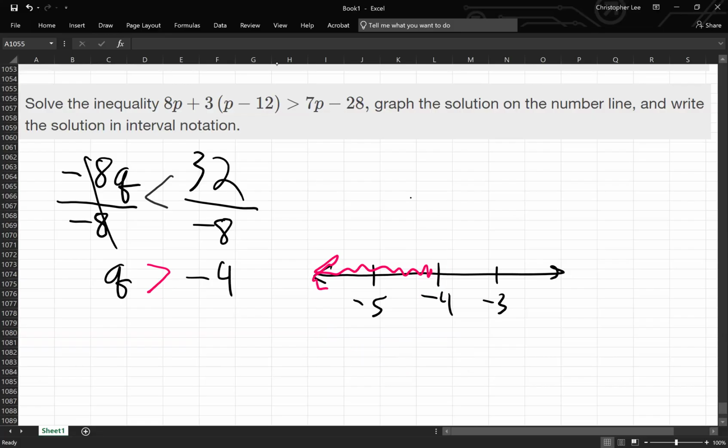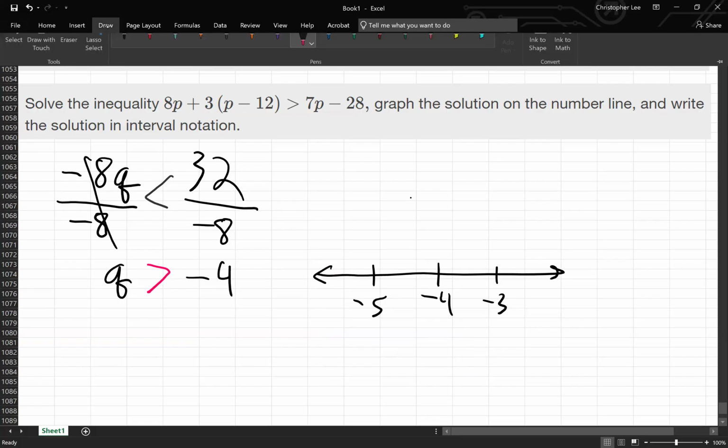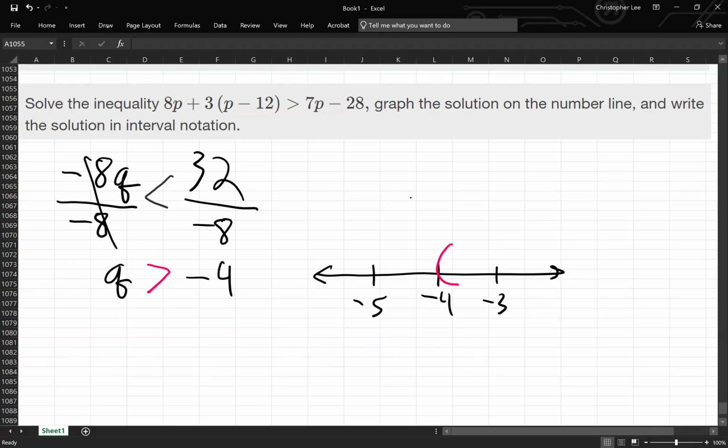So what happens when you rush, all right? So it's greater than -4, right? So we should have a parenthesis here, and then just go that way, right? So for my inequality, this should be open parenthesis, -4, comma, infinity. Sorry about that. All right, that's A.